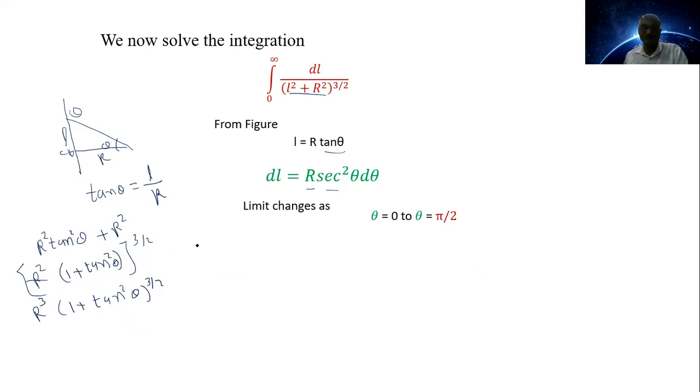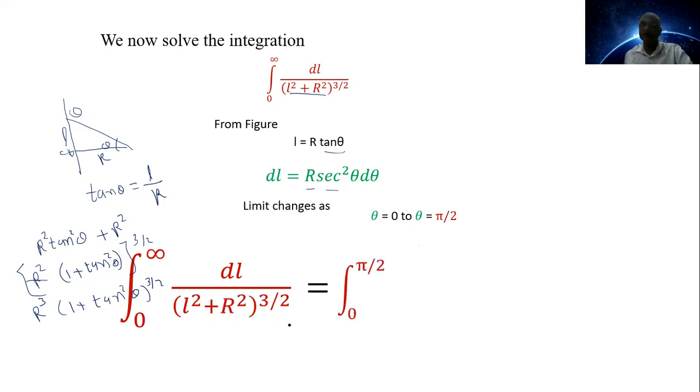That we write in this equation: integral 0 to infinity dl upon L square plus R square bracket raised to 3 by 2 is equal to integral of 0 to pi by 2 R sec square theta upon R cube in bracket 1 plus tan square theta bracket raised to 3 by 2. That we have solved in this equation.